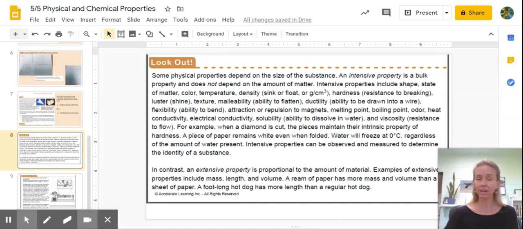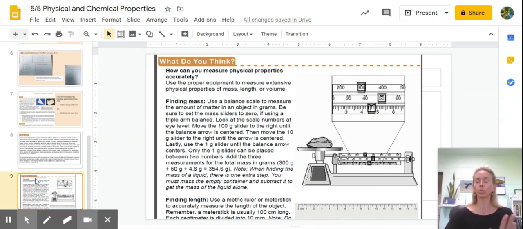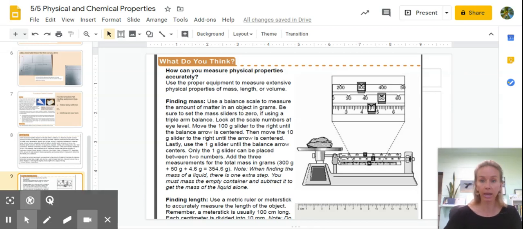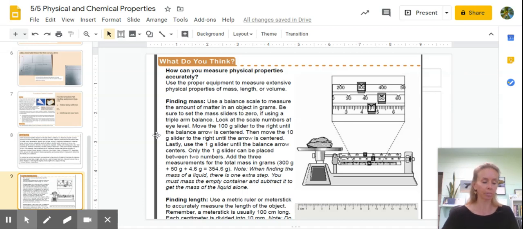Good news. The next section of the reading is totally review to you. We did a whole unit on measuring physical properties accurately at the beginning of the school year. Things like finding mass, finding length, and volume is what was beneath finding length in the PDF. So I'm going to have us just leapfrog and jump right over that.